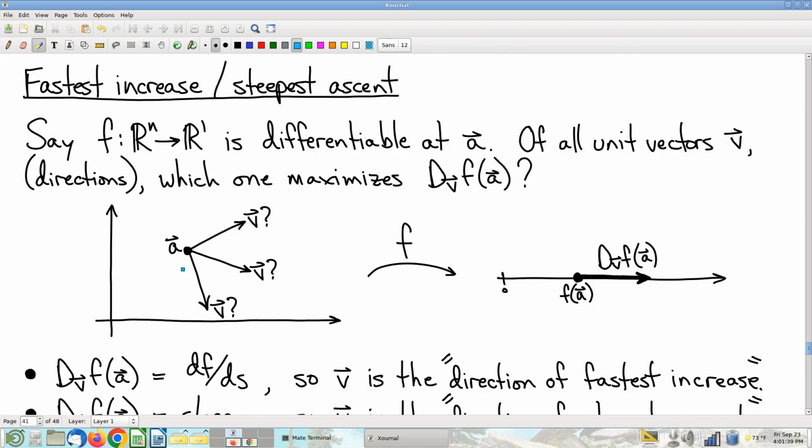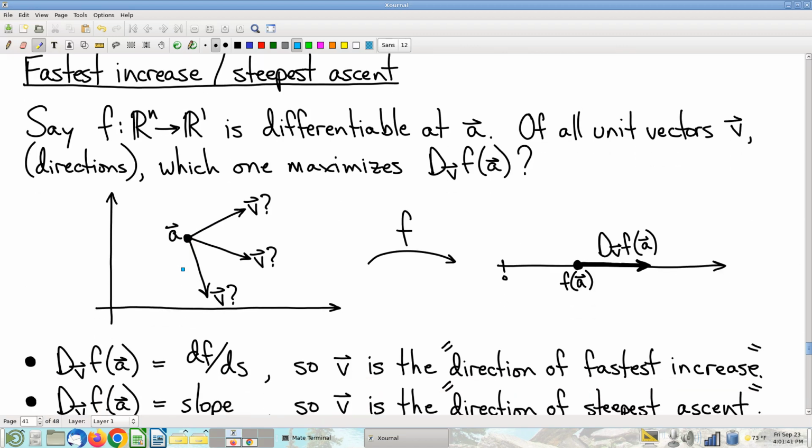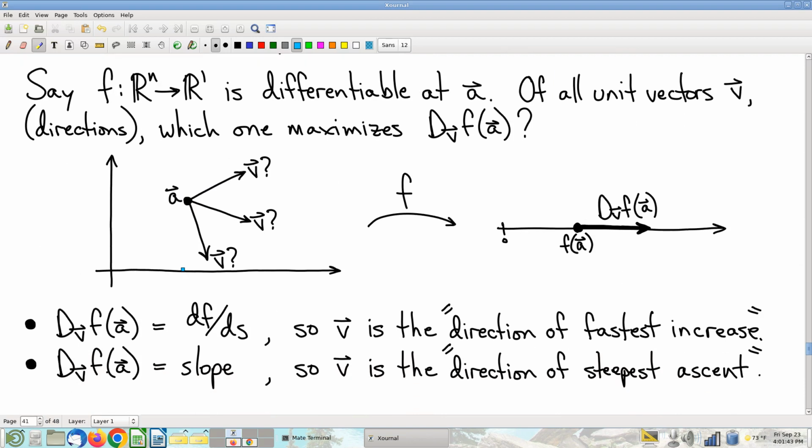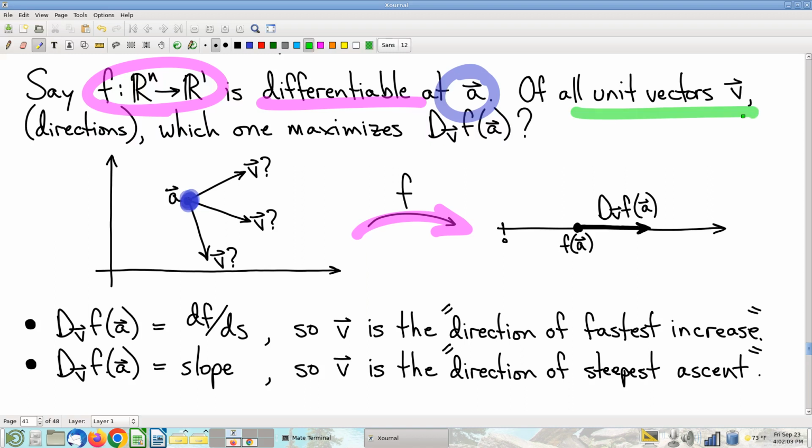Okay, so let's talk about how to make directional derivatives as big as possible. We're going to assume we have a nice multivariable function, nice in the sense of being differentiable. We are going to be sitting at this point A, and the question is, from that point A, notice that there's a lot of different directions from which I could move.